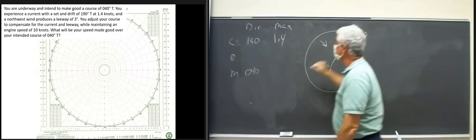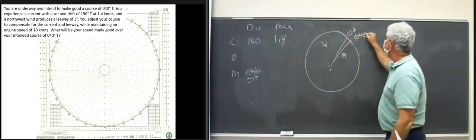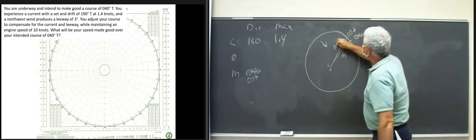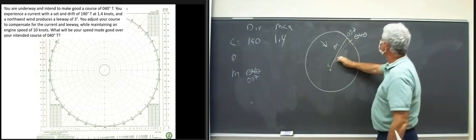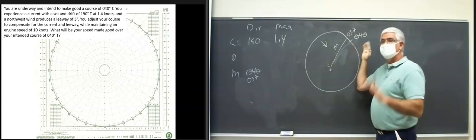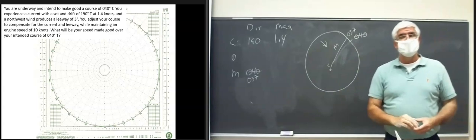So this actually becomes 037. That's what you're going to plot here. You're not going to plot the 040. You can start with the 040, but apply the leeway to it, and then that's going to be your made good. You might have started off by drawing it, but as soon as you realize it's leeway, compensate for the leeway, and then make that your M. Okay?